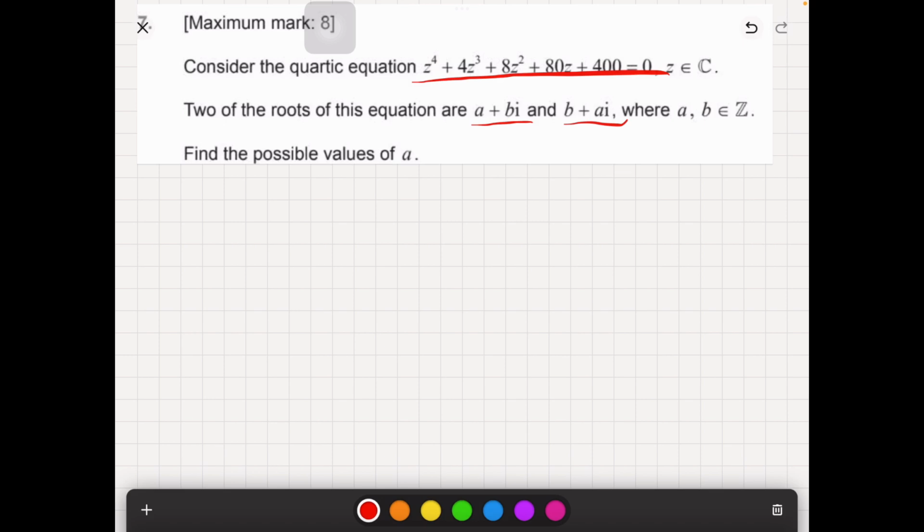First things first, notice that using the conjugate root theorem, or I think that's what it's called, the other two roots here are a minus bi and b minus ai.